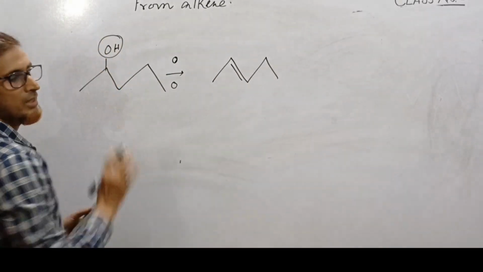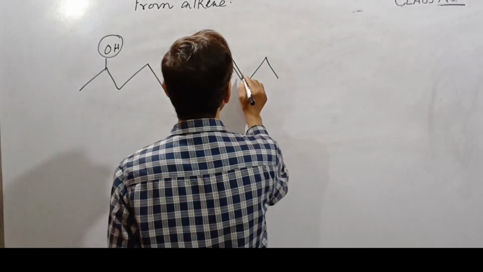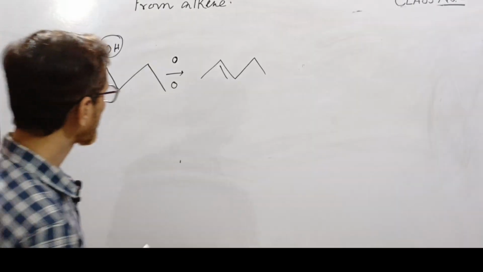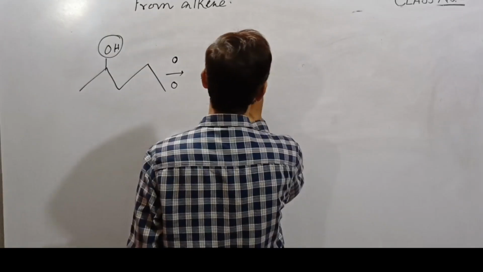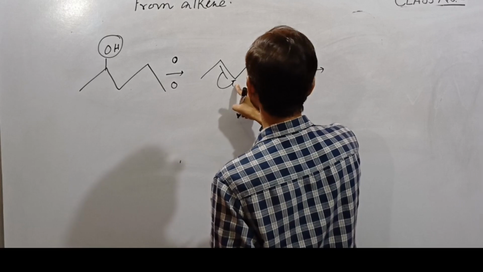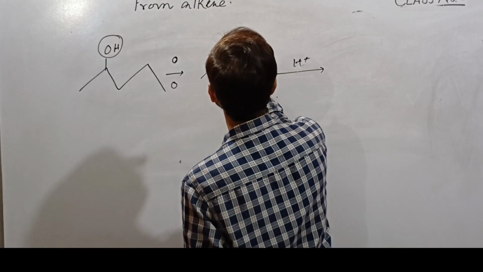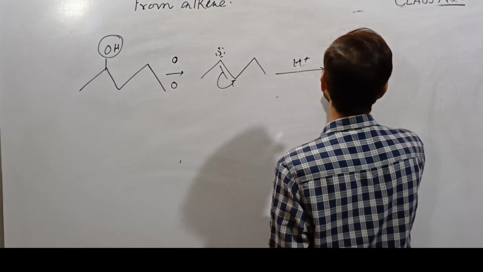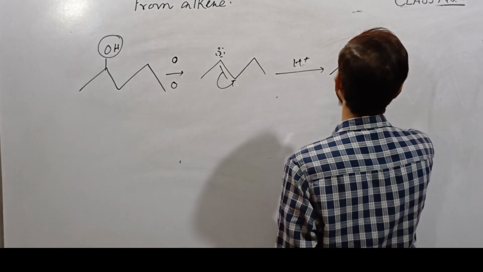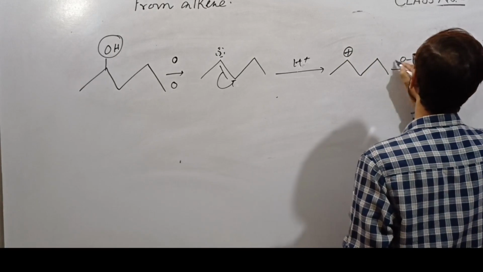So OH has entered after acid hydrolysis. So we have assumed this one. The bond is withdrawn, the negative sign is here, and H enters here. It becomes positive. Am I right?